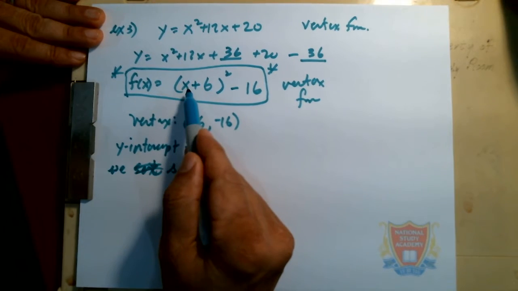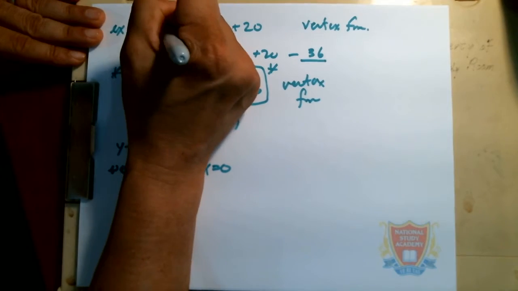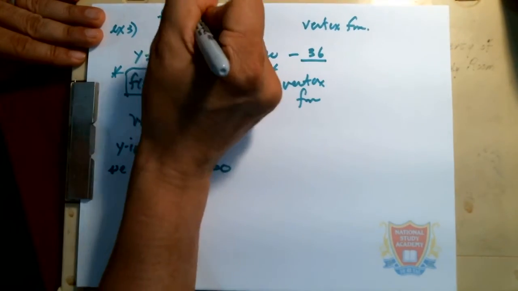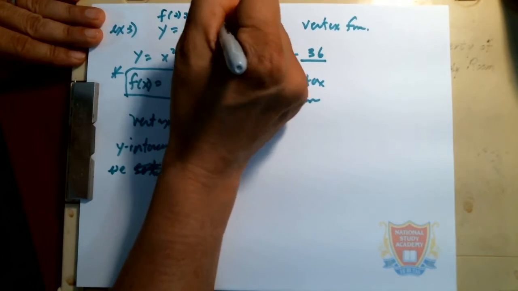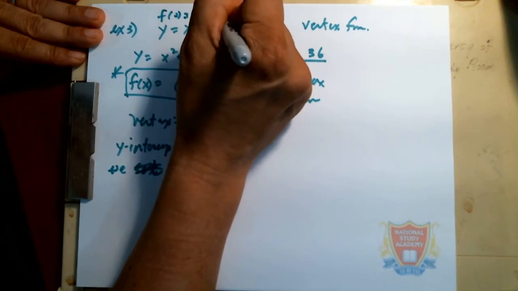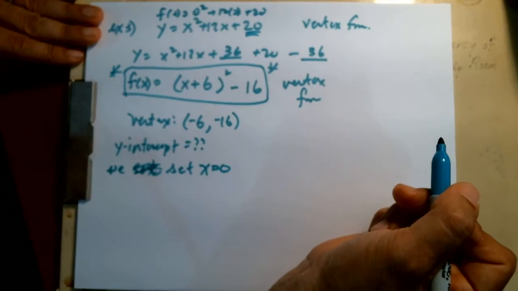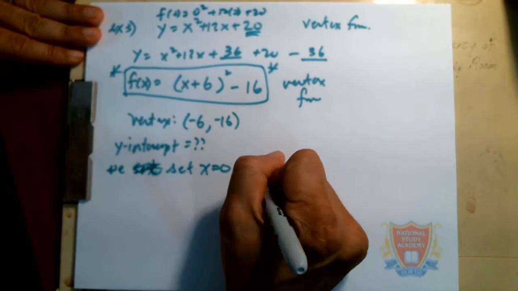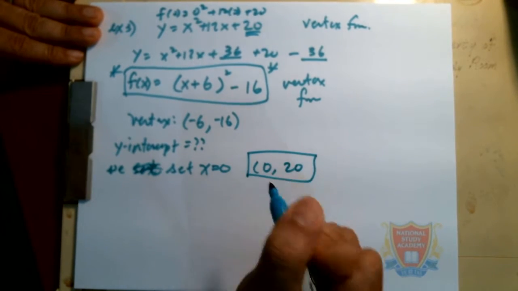We could have plugged in 0 in here, or we could have plugged in 0 in here. What is f of 0? 0 squared is 0, plus 12 times 0 is 0, plus 20. The constant happens to be your y-intercept. So it's going to be 0, comma, 20. That is your y-intercept. Okay?